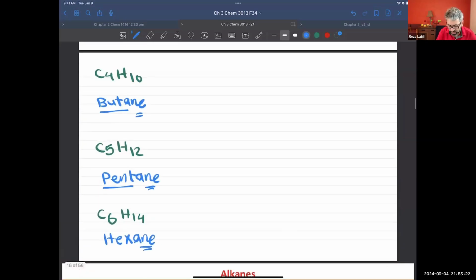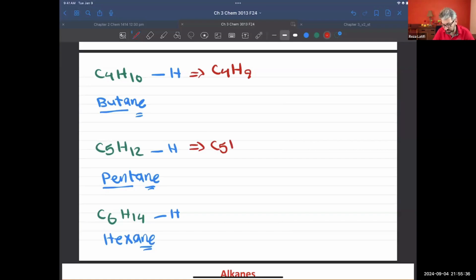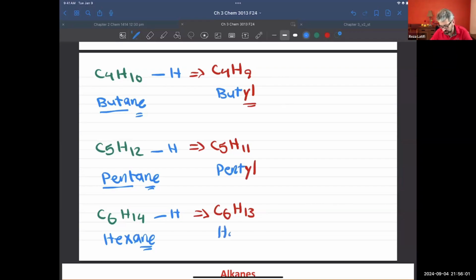If I subtract one hydrogen from each, what do I get? I get C4H9, C5H11, and C6H13. What's the name for those? They are alkyl: butyl, pentyl, and last one, hexyl.